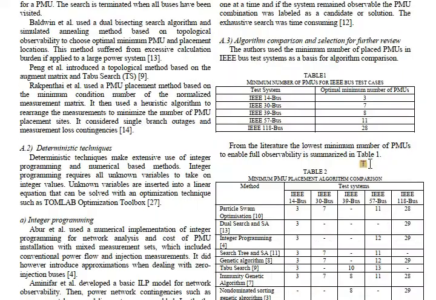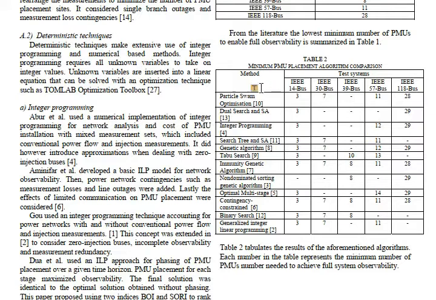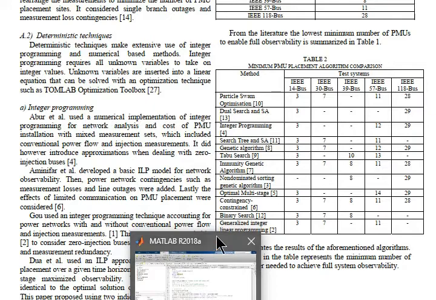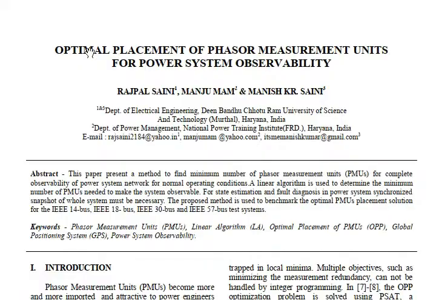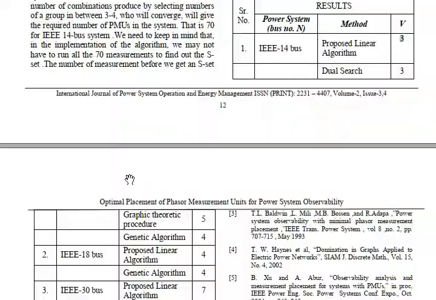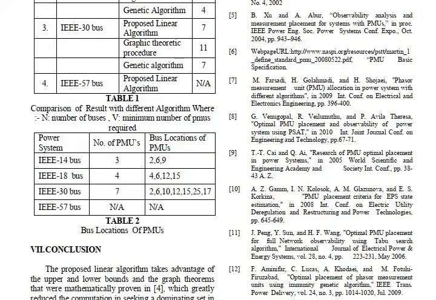Similarly, for the 18 bus system it is 4, and for 37, and similarly for 39, 57 and 118, different optimization techniques such as particle swarm, dual search or genetic algorithm are compared here. You can also see in this research paper that a minimum of 3 PMUs are required for the IEEE 14 bus system, 4 for the 18 bus system, and for 37, and so on.